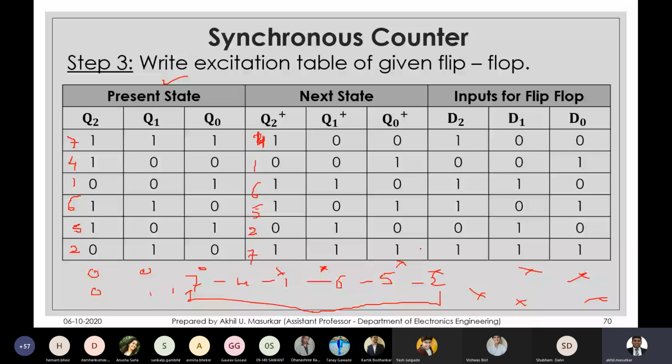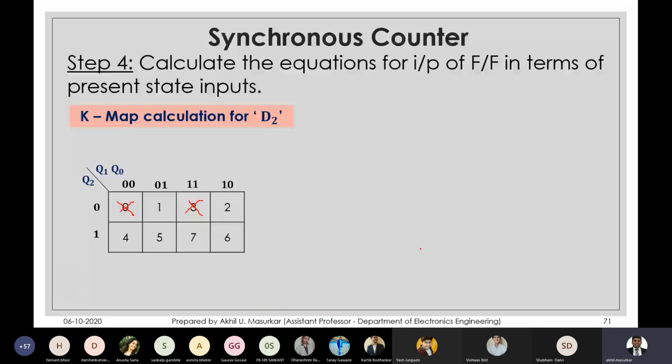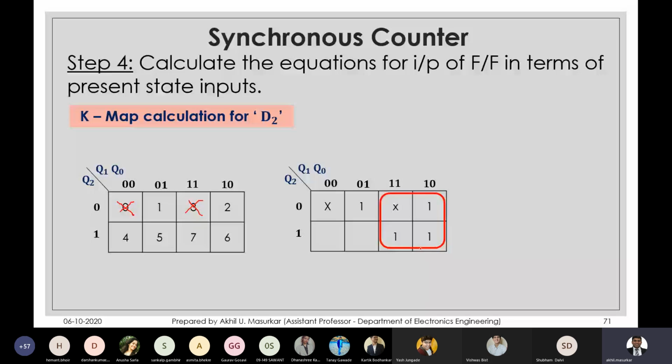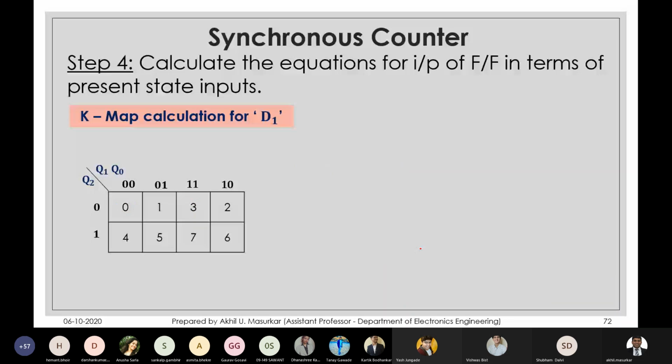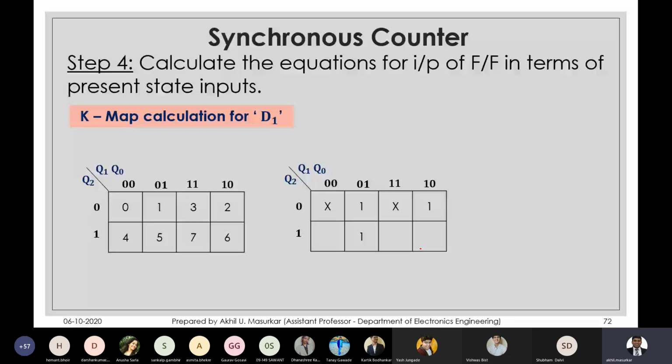So you can see the K-map for this. So for D2, we have two quads, Q2 bar and Q1. So you can just implement this using one OR gate. For D1, positions 0 and 3 are don't cares.